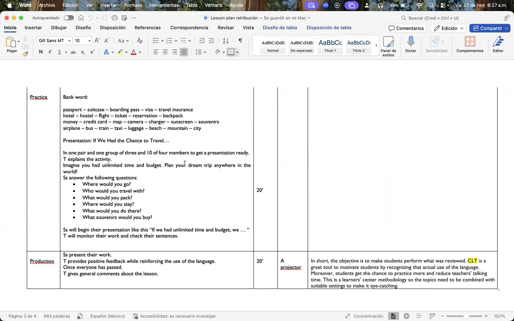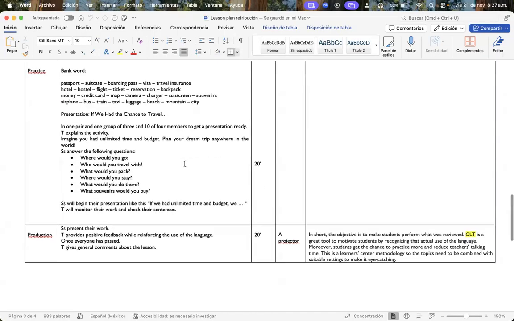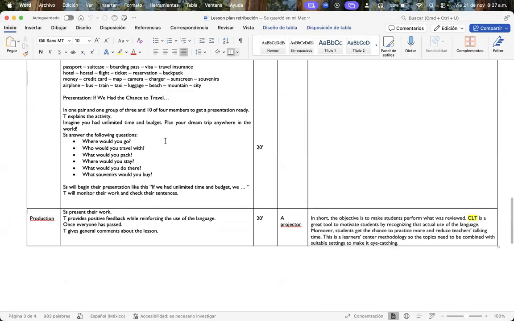Speaking is great because if they write, we have to consider that it's a really large class, so we would have to spend 20 or 30 minutes checking everything for even one person. It will be time consuming and not effective for the size of the classroom. So we're going to ask them to do a really brief presentation.